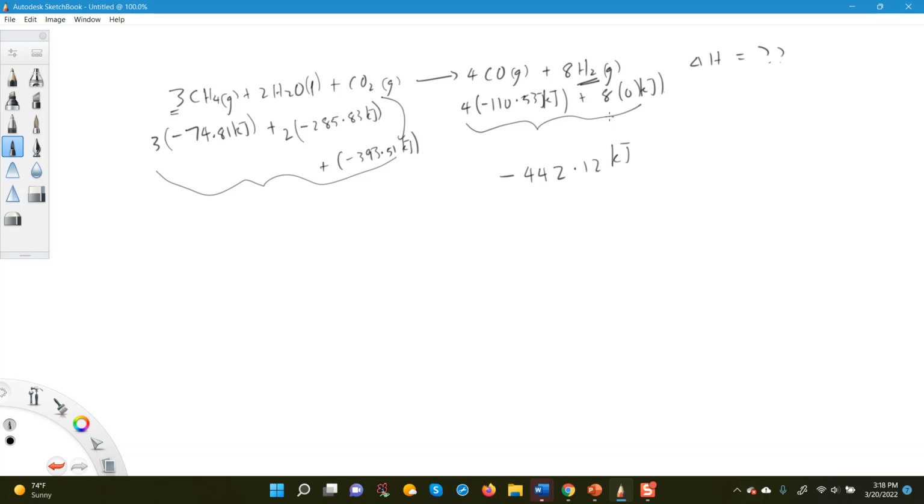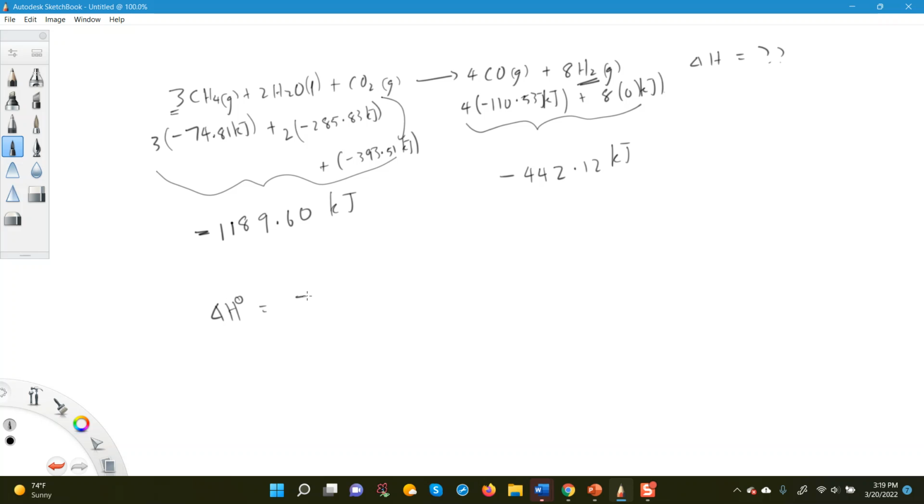And then minus 393.51. Okay, so the answer I got for the left side is minus 1189.60 kilojoules.